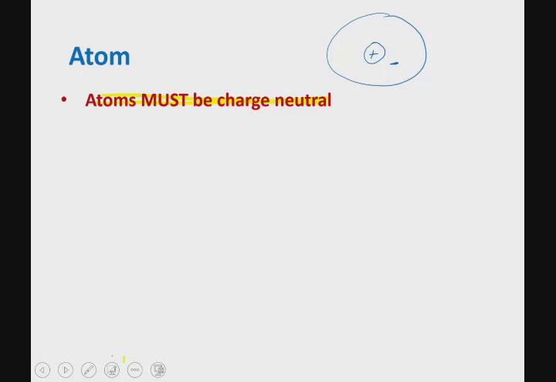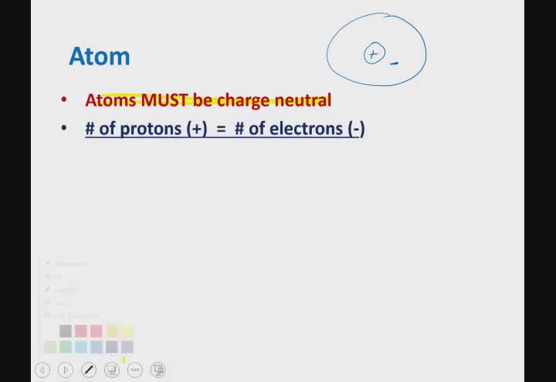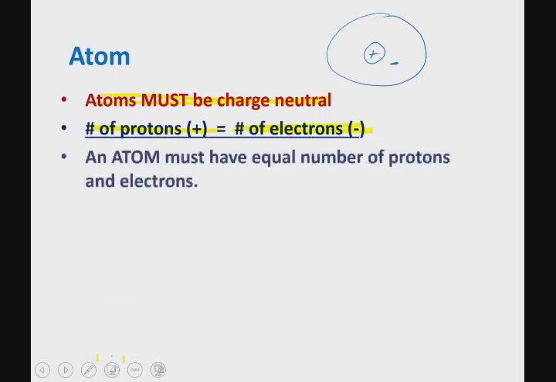The positive charge of the nucleus has to be equal to the negative charge of the electron cloud outside of the nucleus. In other words, very important to remember that the total number of protons in an atom must equal the total number of electrons in an atom. In other words, the total positive charge inside of the nucleus must be equal to the total negative charge outside of the nucleus. And this is an important property of an atom. An atom, by definition, must have an equal number of protons and electrons such that overall the atom is charge neutral.